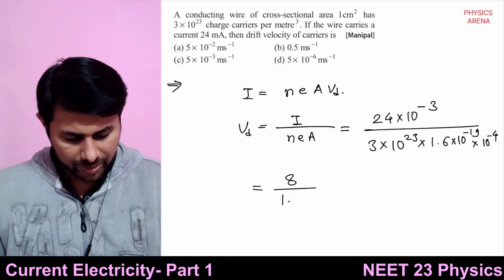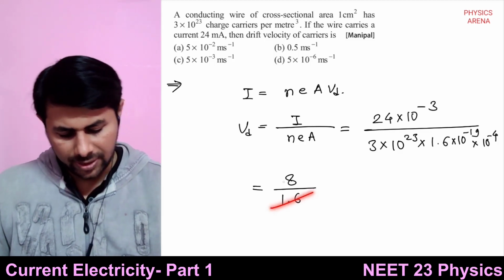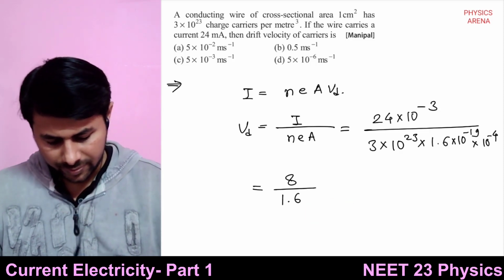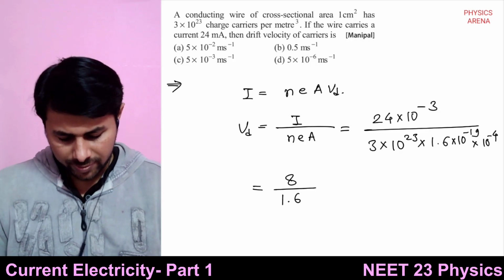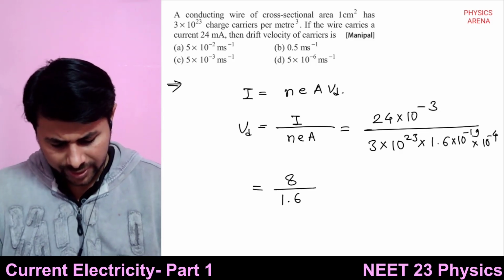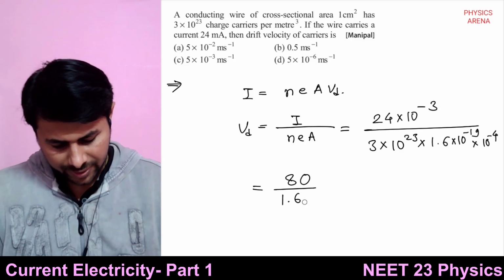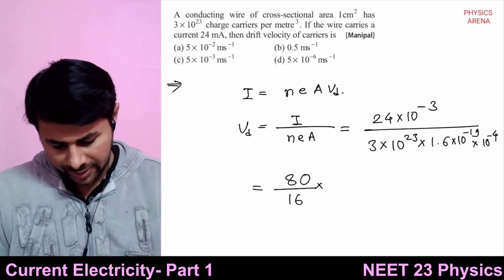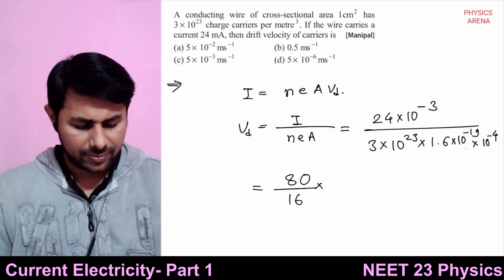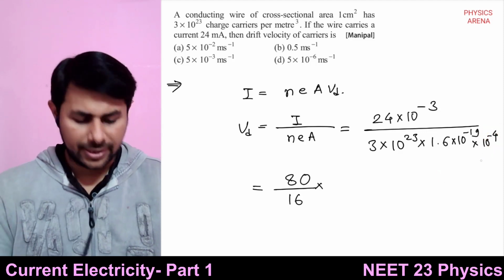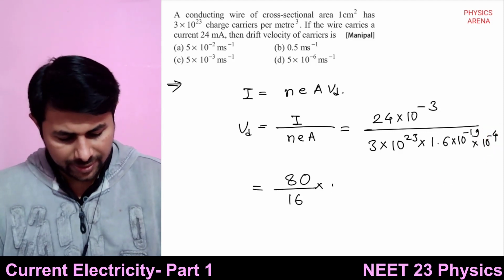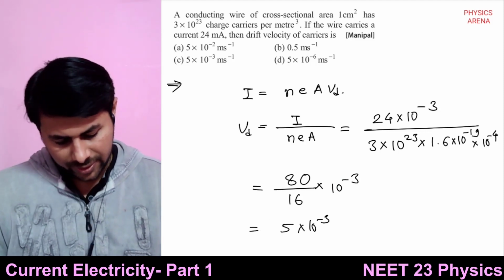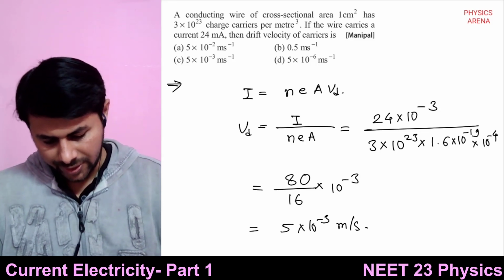So you have 8 divided by 1.6, which is 80 divided by 16, 16 fives are 80. 10 raised to 23 minus 19 is 4, and with the minus 4 it gets cancelled. So we are just left with 10 raised to minus 3. So it is 5 multiplied by 10 raised to minus 3 meters per second. It's option C.